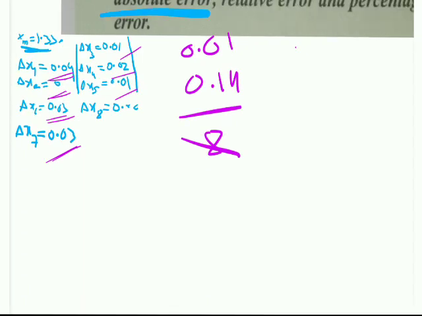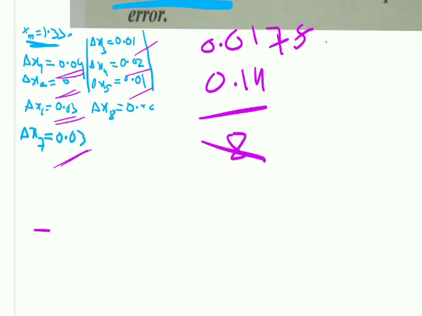0.018, 7s are 56, so again 5. Mean absolute error delta xm is equal to 0.0, arranging to 2 digits, so 2.